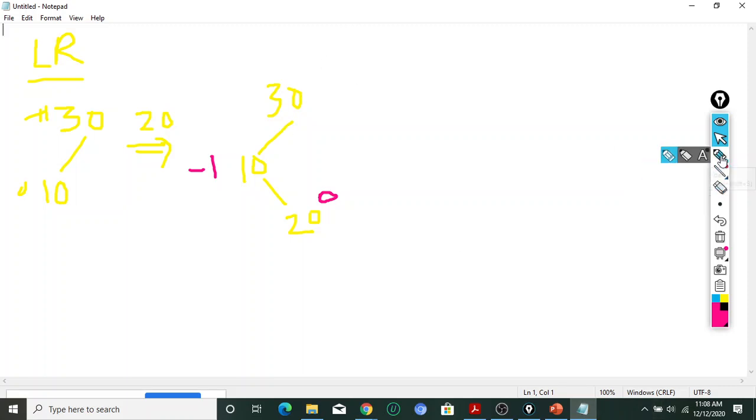This is 2. So what is the height of the left subtree? This one, this one. This is the height of the left subtree. So plus 2. The right subtree is missing, so 2 minus 0, that is plus 2. Yes or no? Is it okay?